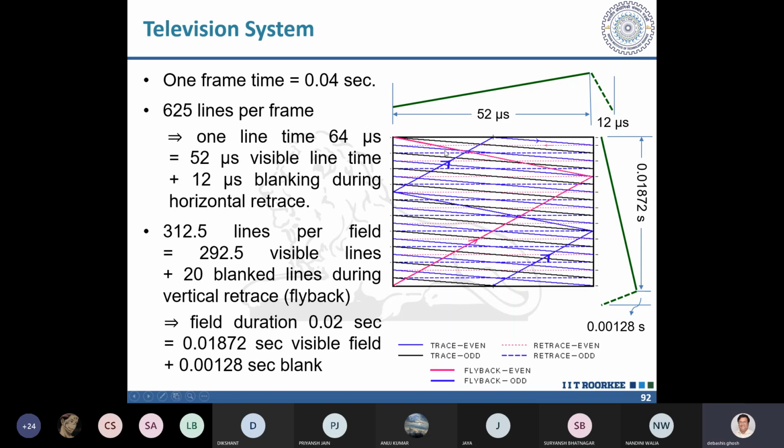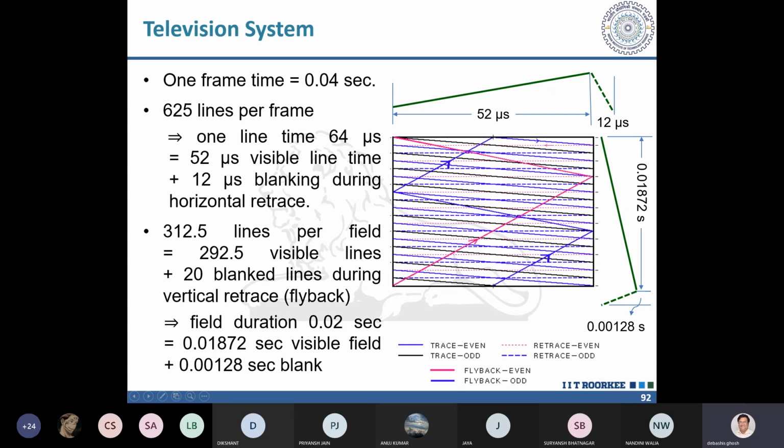When I am having the odd numbered field, you can see here, I am tracing like this, and finally I come to 312.5, at the middle of this point. So it is actually not 312.5, it is actually 292.5 visible lines that will be traced like this. 292 lines are completed here, and then 0.5 line, half a line, and it stops here.